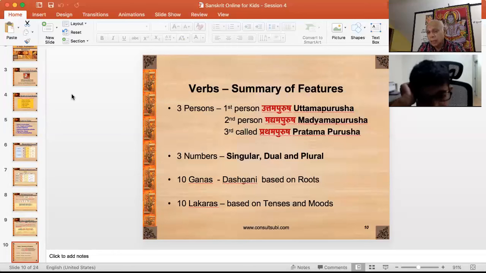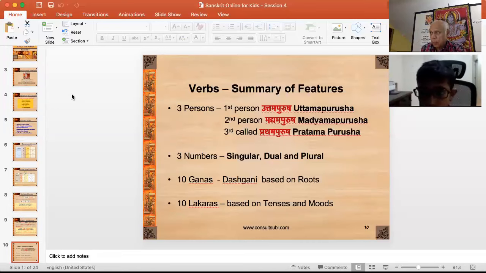And lastly, you have those 10 lakaras, which are based on tenses and moods. So these are the features of verbs: 3 persons, 3 numbers, 10 ganas, and 10 lakaras. Okay, these are the features.